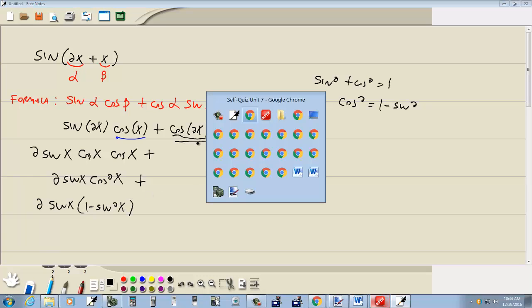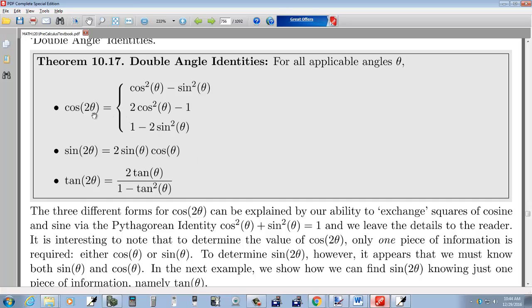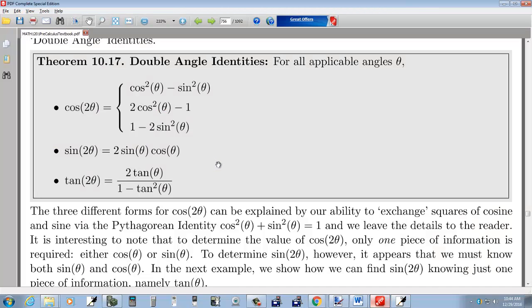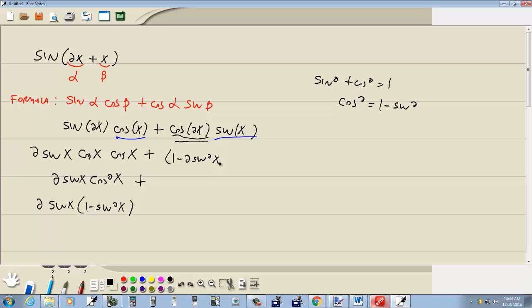Now, that might tell us that the one to use here for cosine 2 theta is 1 minus 2 sine squared. So this would be 1 minus 2 sine squared times sine. So then I multiply sine through.